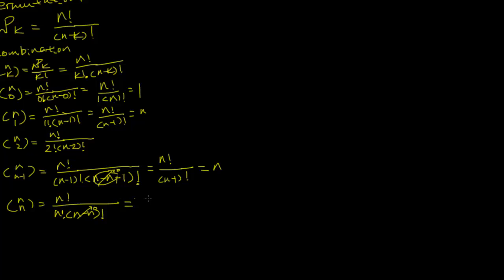This cancels out to 0, and n factorial over n factorial, 0 factorial becomes 1, so it becomes 1.